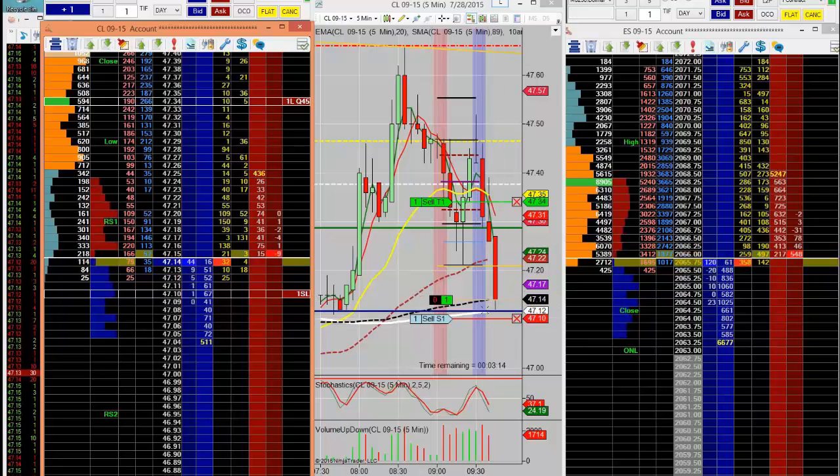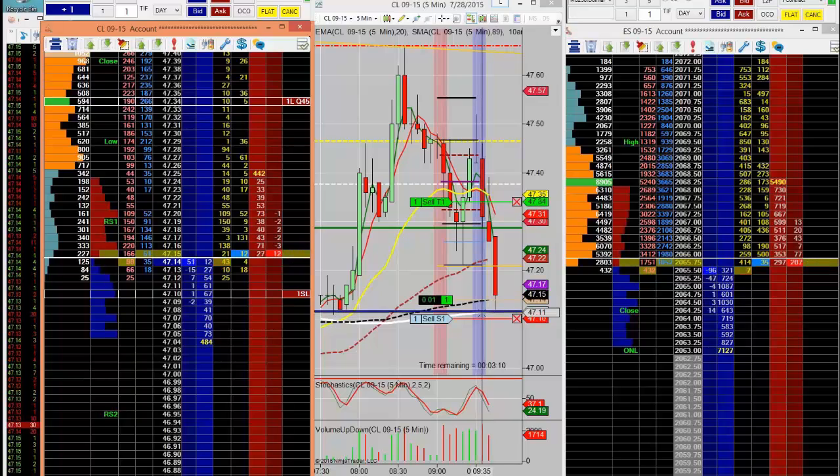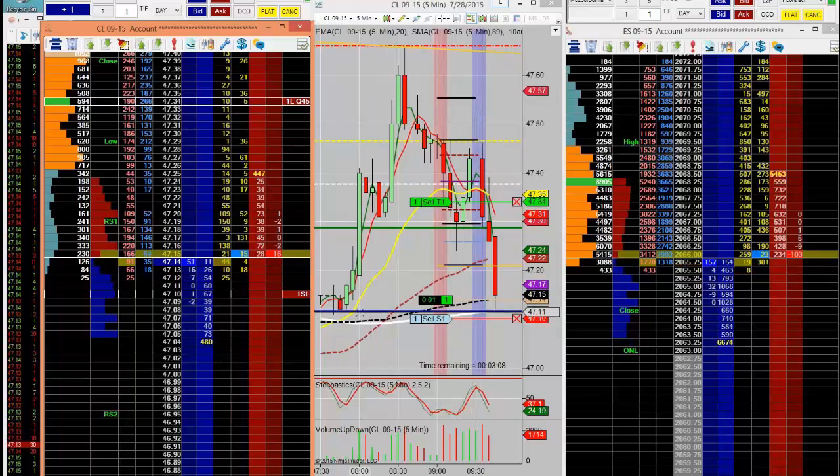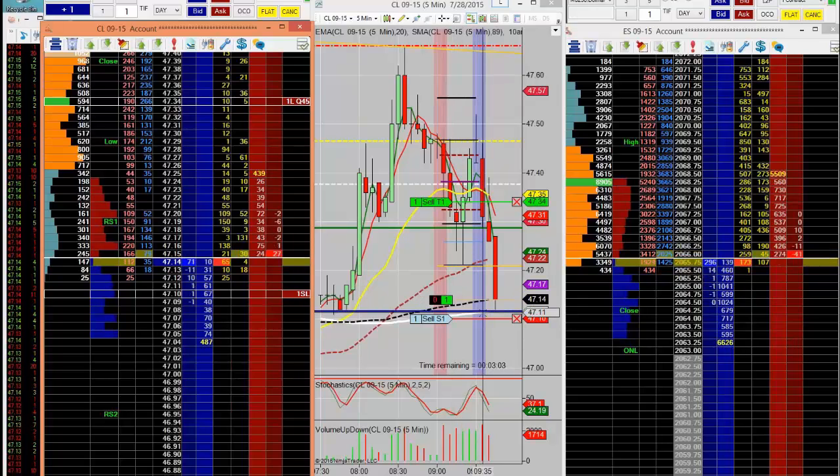So I had a reference point. I marked this from the chart. I had marked this. You also have this 20-period moving average.